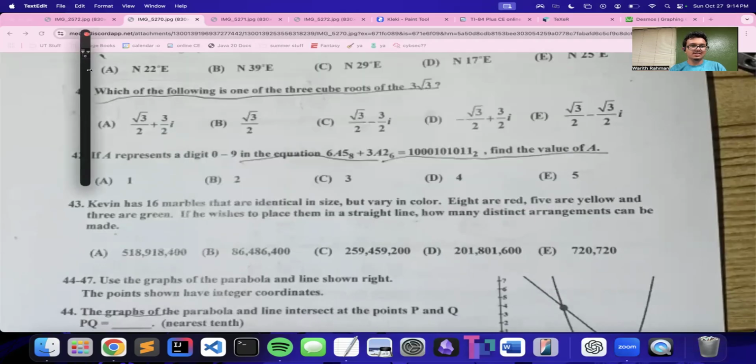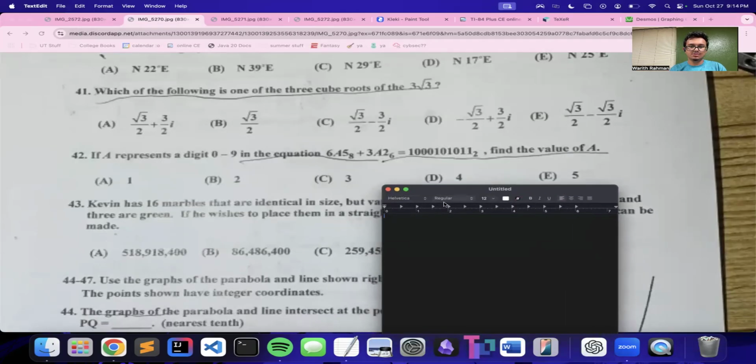If A represents a digit 0 to 9, oh my God, okay. What if they just didn't do this? This one, I'm not even gonna bother fully writing out, but you should be able to convert each of these to base 10. The first one is 6 times 8 squared plus 8a plus 5.